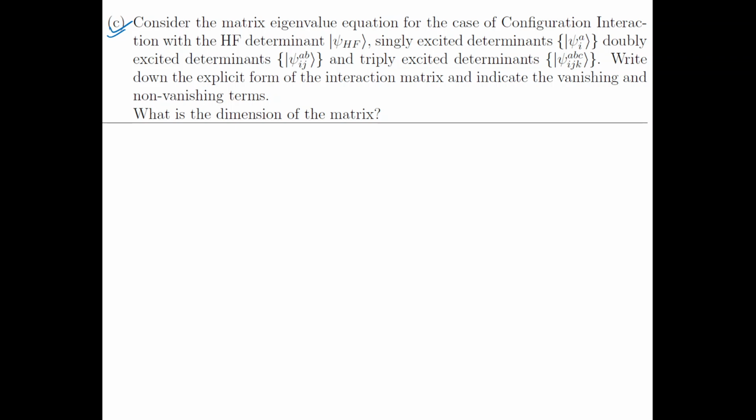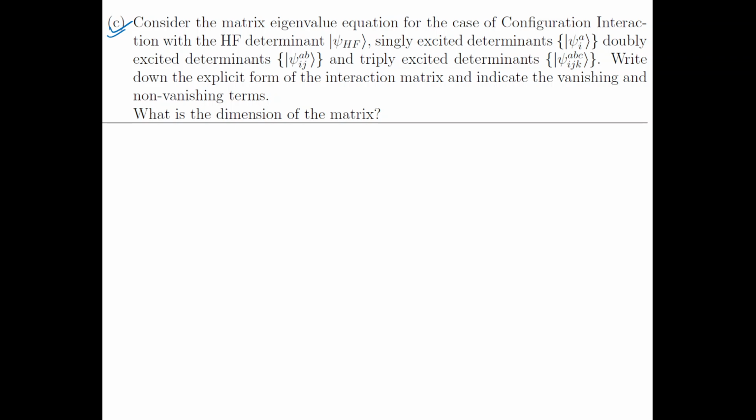Now it has been told to write down the explicit form for the interaction matrix. So we have to write the Hamiltonian in the basis of these excited state determinants. We have already practiced this in our linear algebra live session. We have to write down these matrix elements and indicate the vanishing and non-vanishing terms.